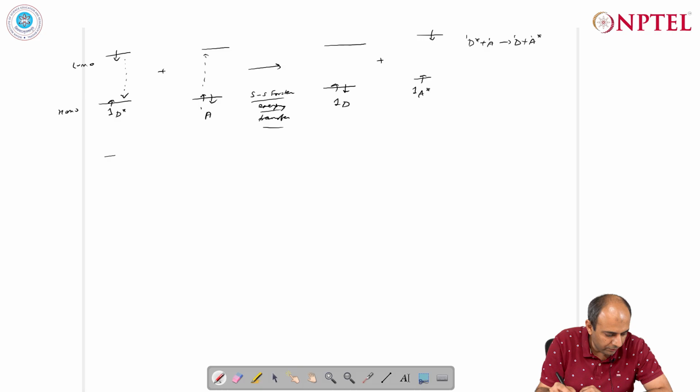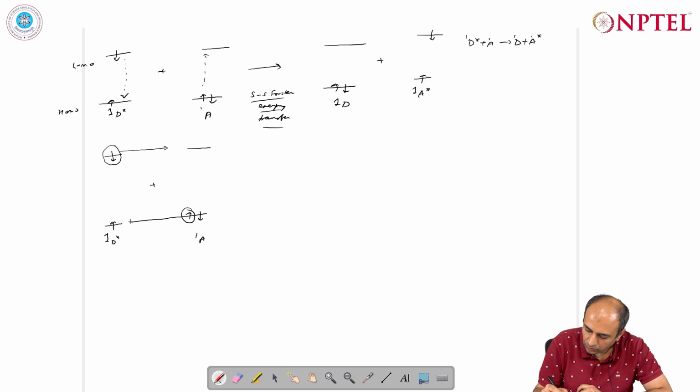We can also have the Dexter energy transfer, where we have the photoexcitation, that is 1D star, plus now we have 1A, and now there is an exchange. So this electron goes here and this electron goes here.